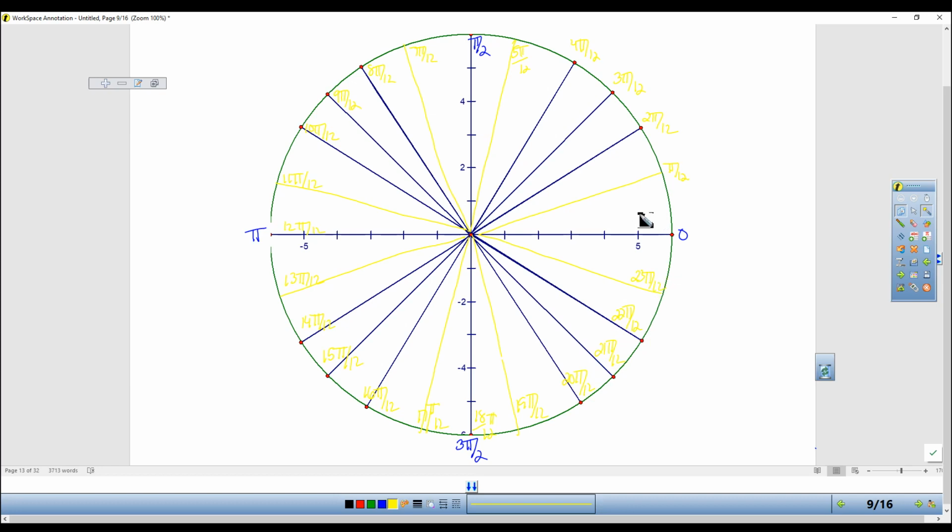And the last one, of course, being 24 pi twelfths, which reduces to what? 2 pi. 24 over 12 is 2. So I put these in yellow, which is a little light and a little hard to read because they're not the ones I want to focus on.